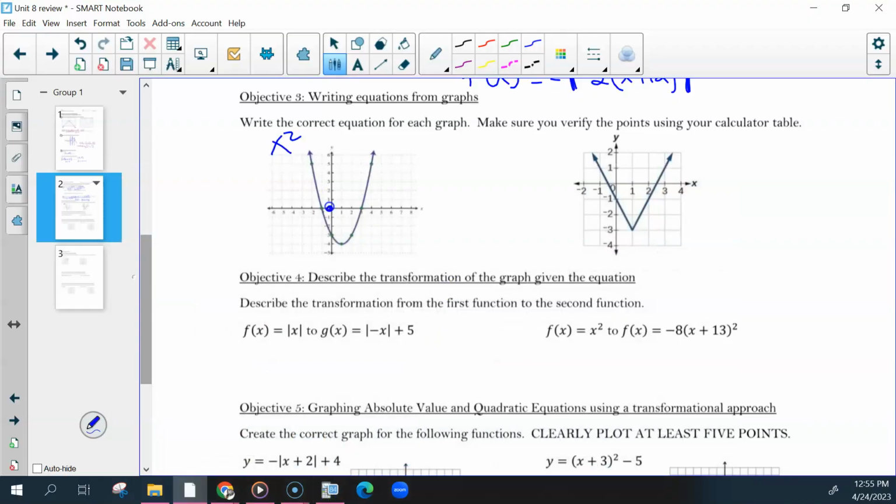So this would start at 0, 0, go 1, 1, negative 1, 1, 2, 4, negative 2, 4. Drawing in the parent function is not a necessity, but if it helps you see it, definitely do that.